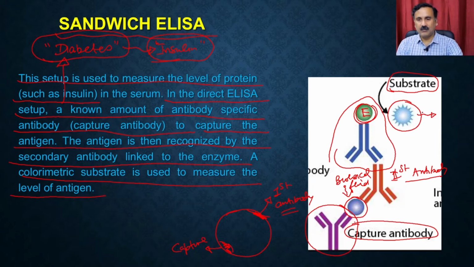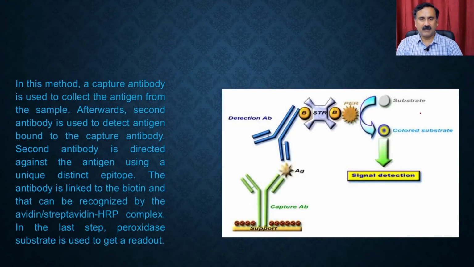So let's see how you can perform the sandwich ELISA. This is what I have just discussed so far: you have a capture antibody which you use for the antigen, but the area of the antigen is going to be different.